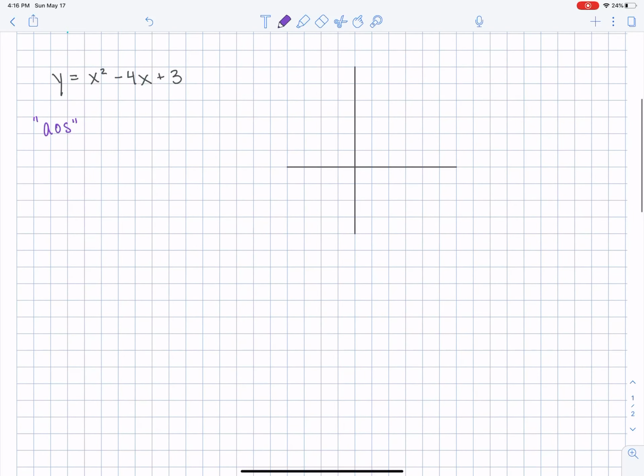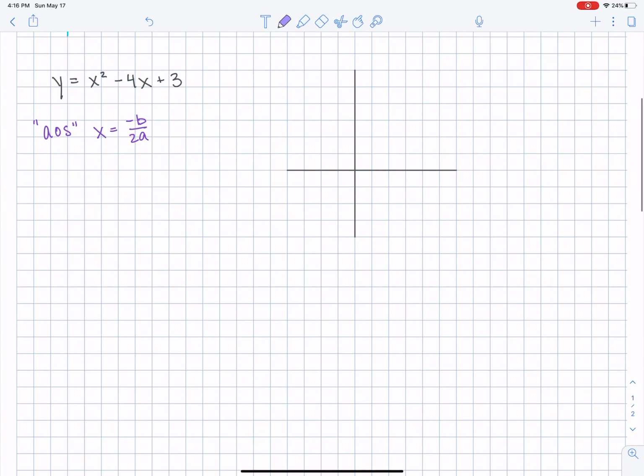Now, when we have our axis of symmetry, we have a really cool way of figuring it out from standard form. And that is that we use the formula x equals negative b over 2a. Please make sure you have that information written down. Your axis of symmetry is x equals negative b over 2a. So I'll flip over to a light purple so that we solve this together.